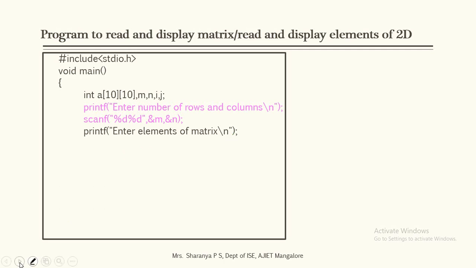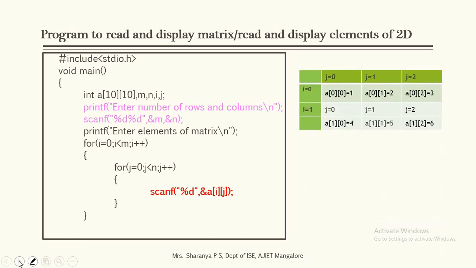We are reading the values into the array. So first we will begin with the first for loop for the rows, and the second for loop for the column values. And the major aspect, as we discussed previously, is that we are reading the values from the user into the particular location of the array. This location is specified by mentioning the index values.